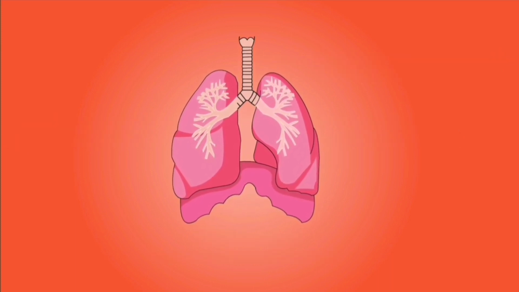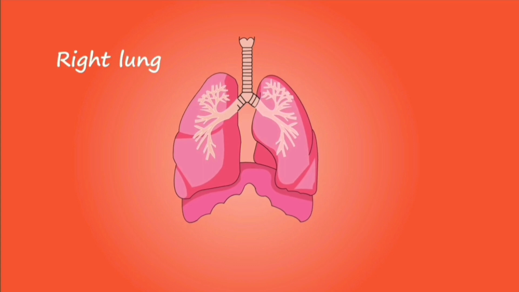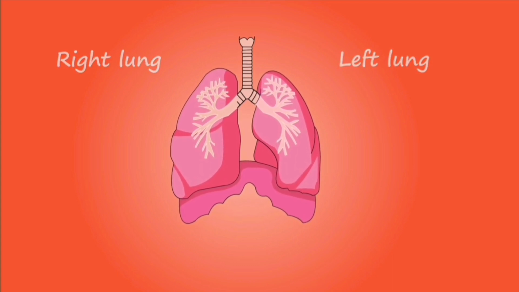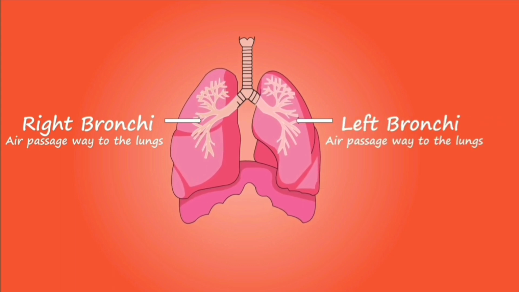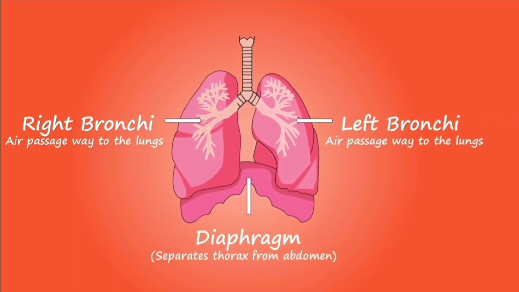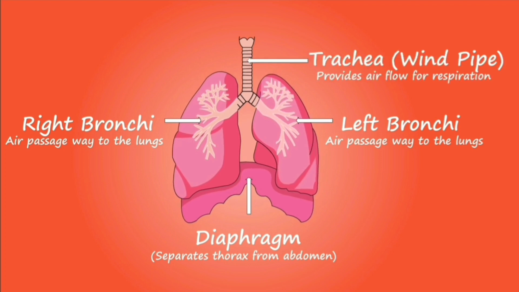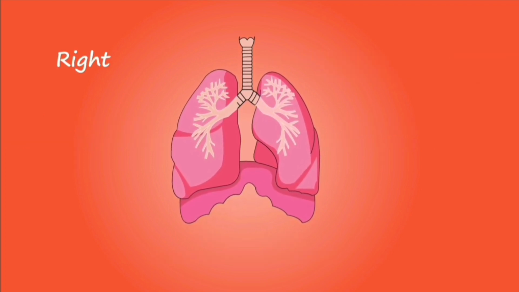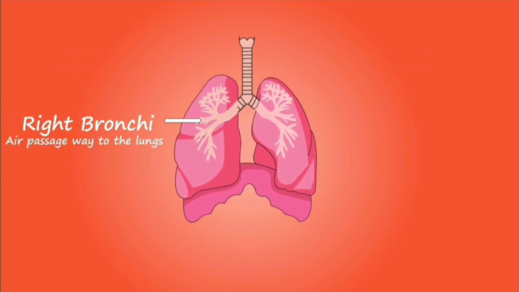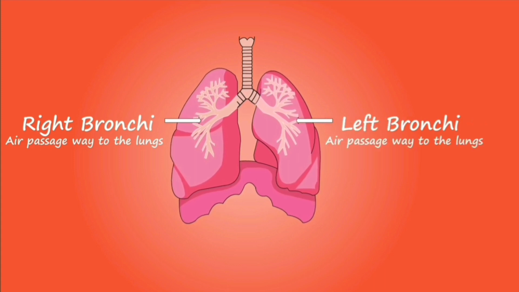The trachea can be felt in the neck as it passes down into the thorax, and it is divided into two bronchi. Now we can imagine the bronchial tree diagram, where the trachea is divided into two parts, that is a right bronchus and a left bronchus, and these bronchi again divide.